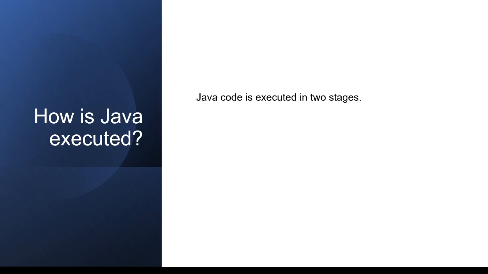Java has a two-step execution process. In the first step, the whole Java code is converted into bytecode, and this bytecode is also called class files.